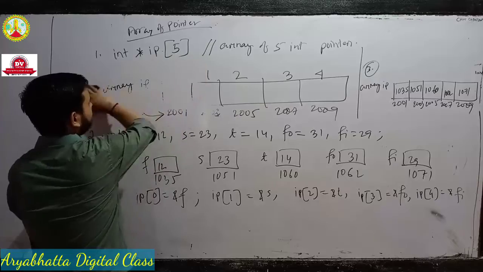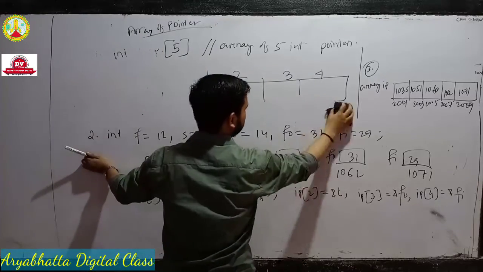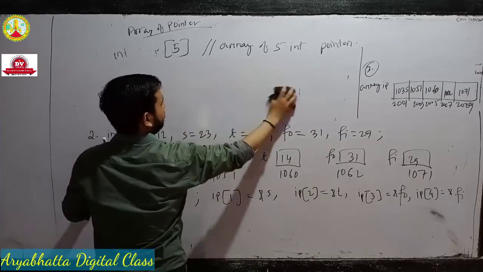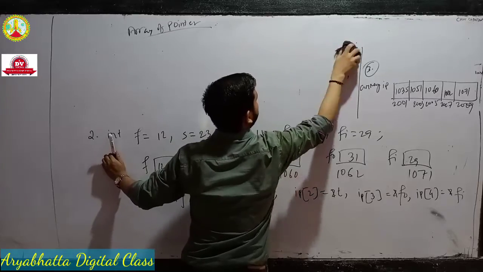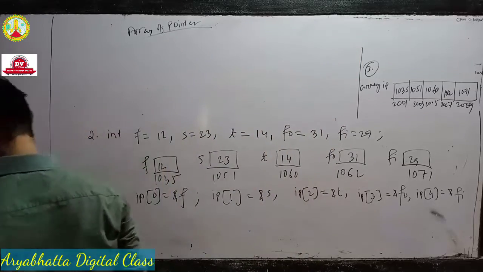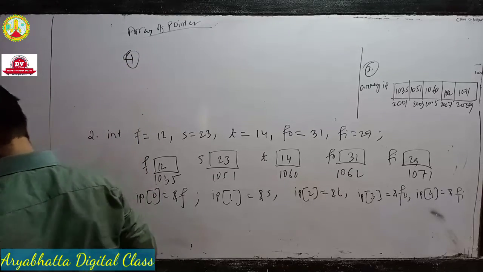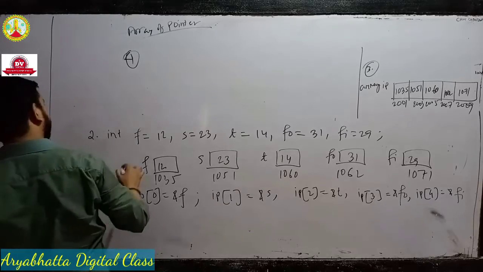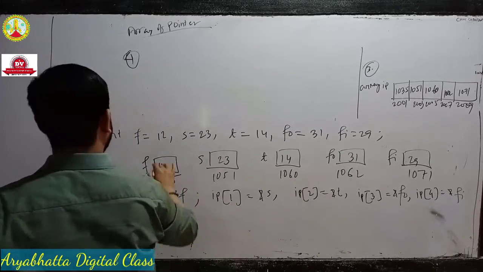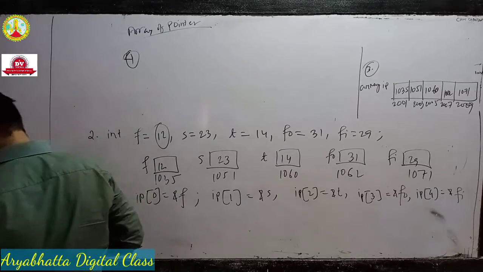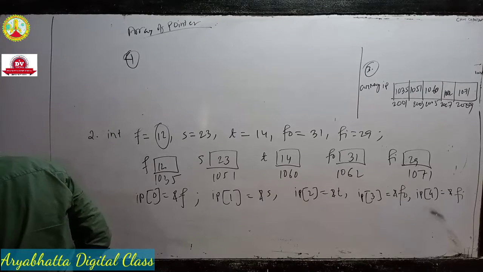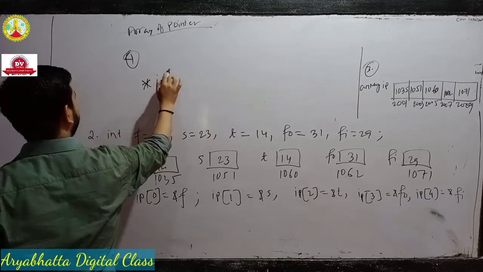After this, I erase the first point. In point number 4, you see, suppose we have to access, we have to take the value of this 12, then we can access it through star star IP.